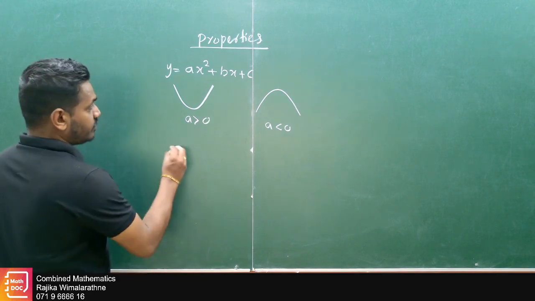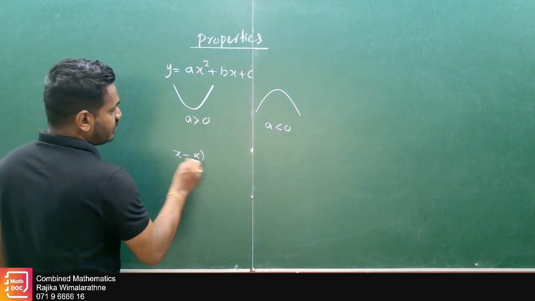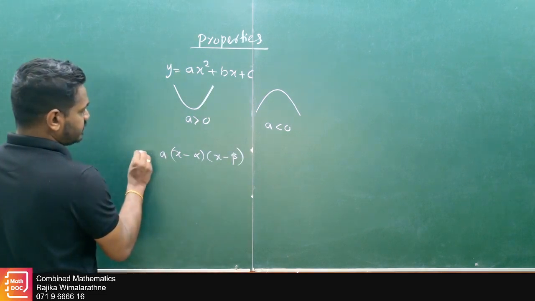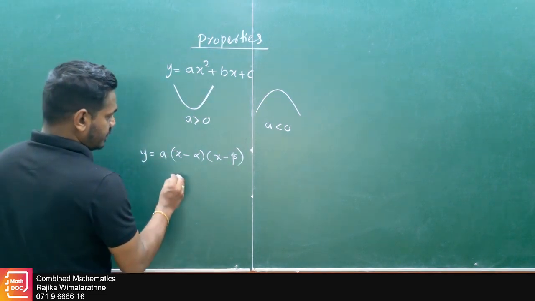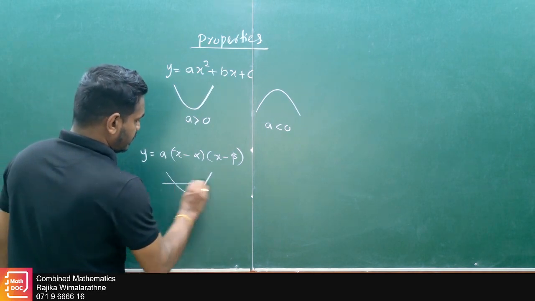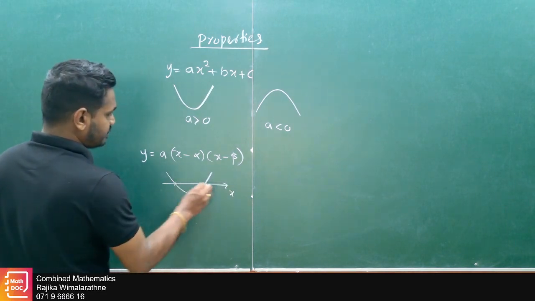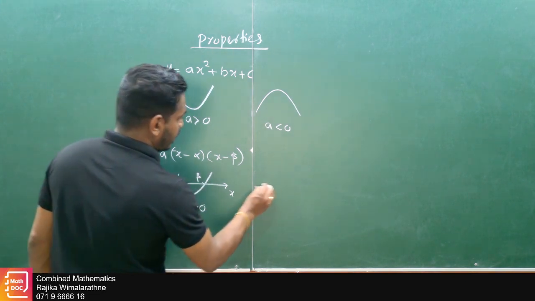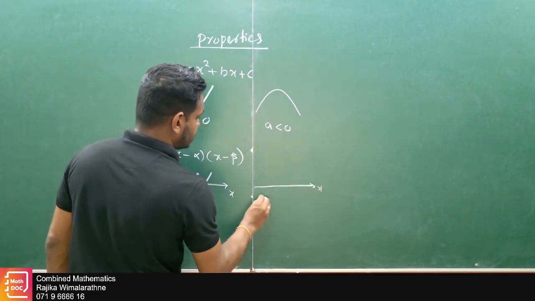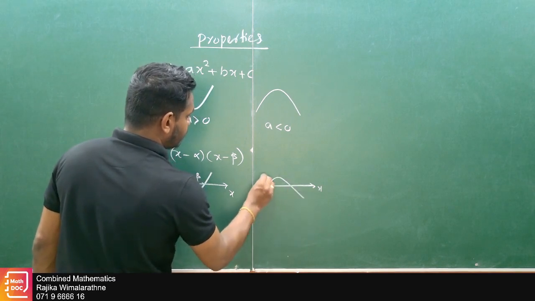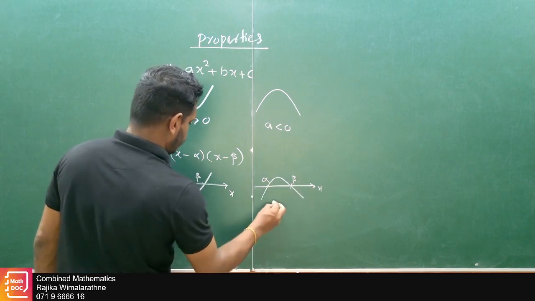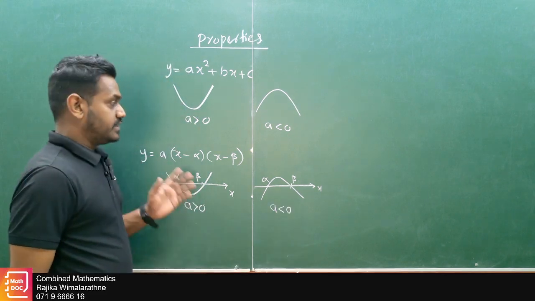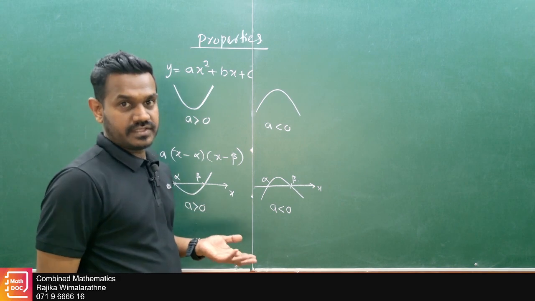When in factor form, y equals a times x minus alpha times x minus beta, here on the x-axis, the x-intercepts are alpha and beta, for a greater than 0, and here the x-intercepts alpha and beta for a less than 0. This is the major type of quadratic function.